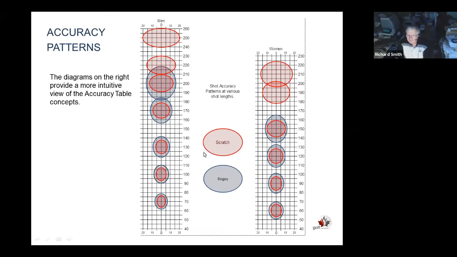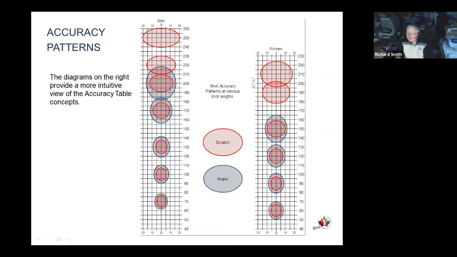And for the bogey man, the oval is in the different direction. The depth, or the length of the shot, if you like, is greater than the width of the pattern. It just has to do with the statistically the way the scratch and bogey golfers hit shots.